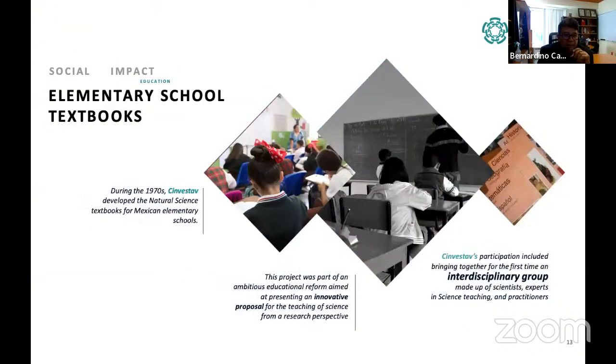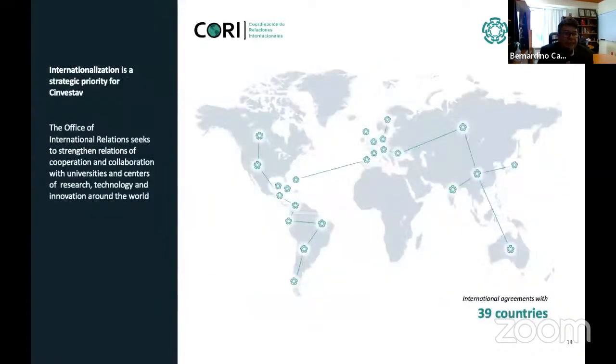In the international side, we have international agreements with several countries, mainly for academic exchange, both for professors and students.